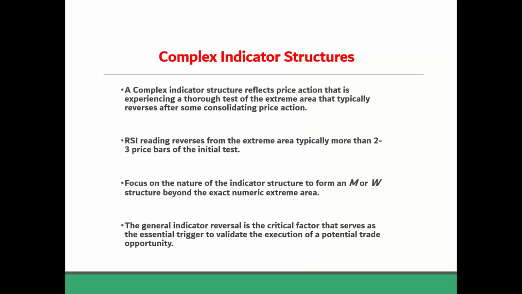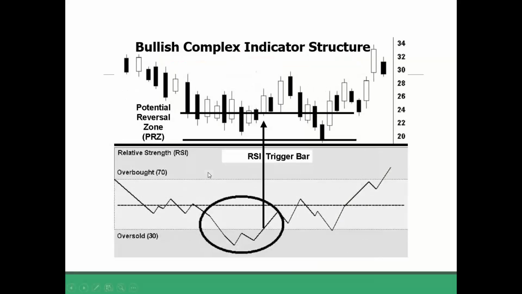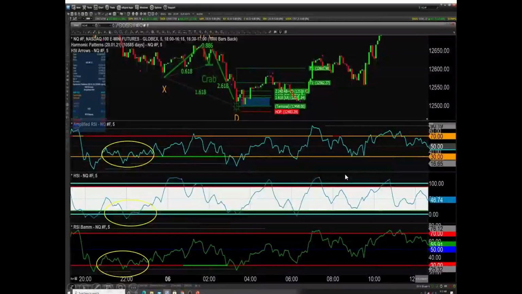So that complex reading actually has different expectations and is treated differently than the impulsive reading. Again, it's a W formation, and if we're in the extreme, the entire W has to be there. Now, that's important because it sets up other rules for what we'll look at. But again, if we're looking at that W formation, it takes more time. It's more reactive, and we usually do see consolidation in that area.